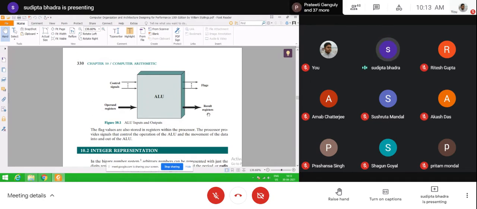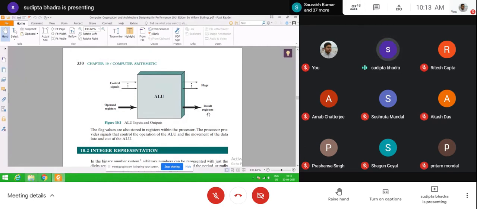So the ALU has this control signal. The ALU also has some output, that is, flag bits. Say after an addition operation, there may be an overflow condition.